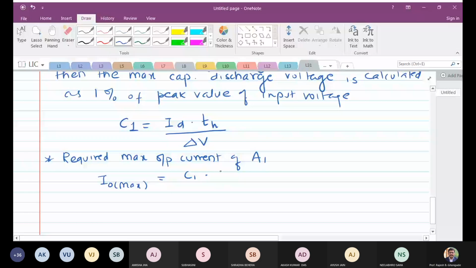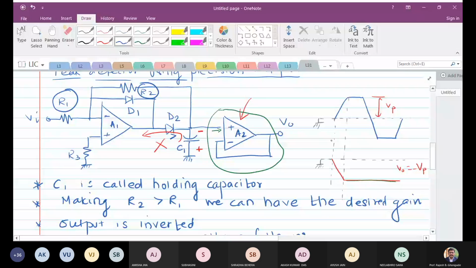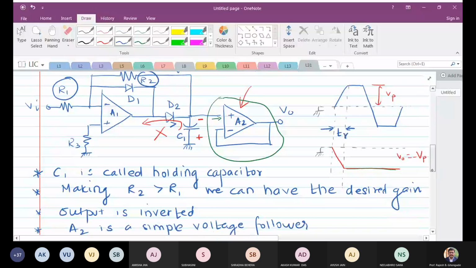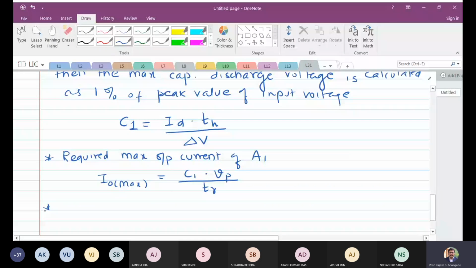Remember, this time will be called TR. Similarly, while selecting the slew rate for the operational amplifier, SR is given as 3 times Vp by TR, so many volts per microsecond.